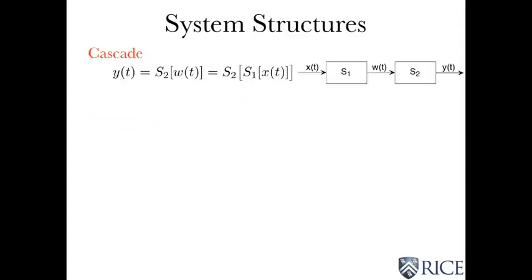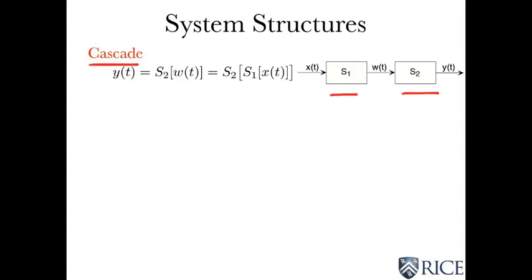Let's put them together. So let's talk about some simple structures. Perhaps the simplest is called the cascade structure. And essentially, all it has is one system after another. We've already seen this in the fundamental model of communication. It is a cascade of several systems, in fact 5 of them.